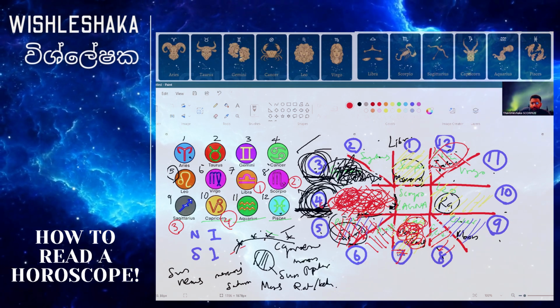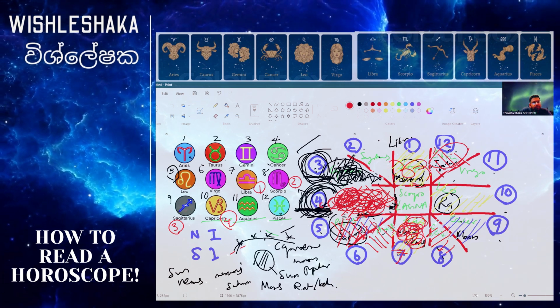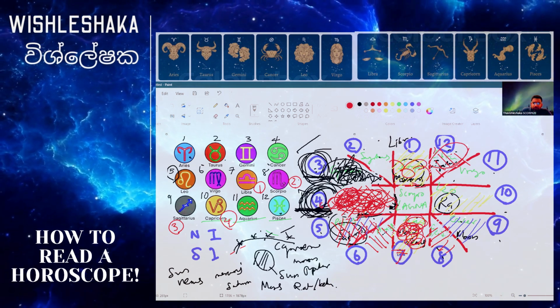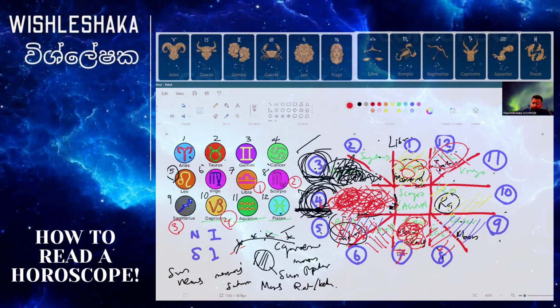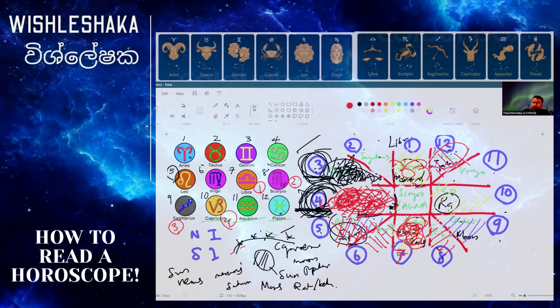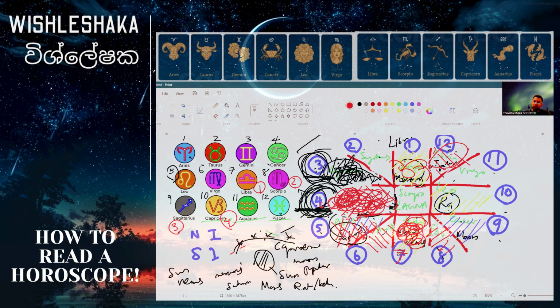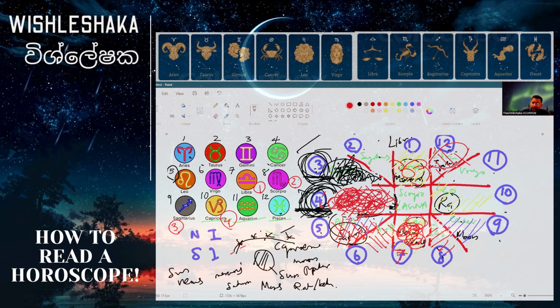Now if you have so many planets in the 1st house, like Elon Musk had 3 or 4 planets, I can't remember, 3 or 4 planets in the 1st house. He focuses on himself, his personality, what he does to the society. That is his main goal.